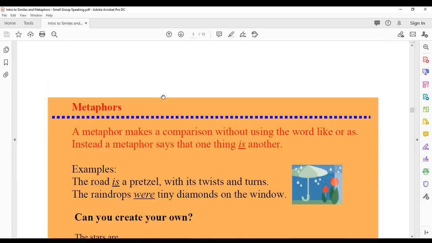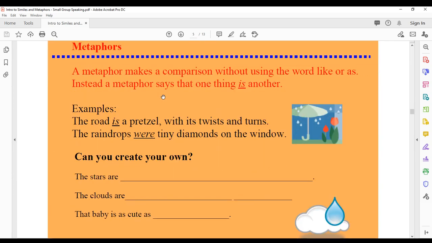The other tool that good writers use is called a metaphor. A metaphor also compares two things, but it does not use like or as. Instead, a metaphor just says something is something else, or one thing is another thing, okay?